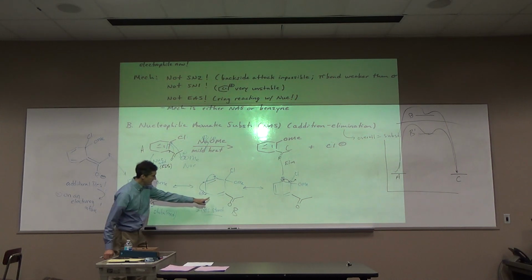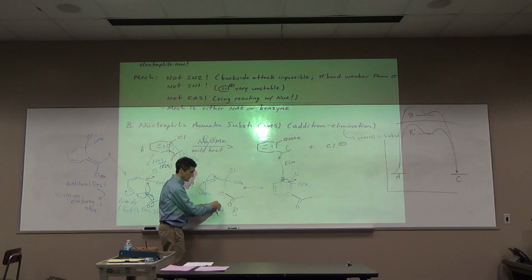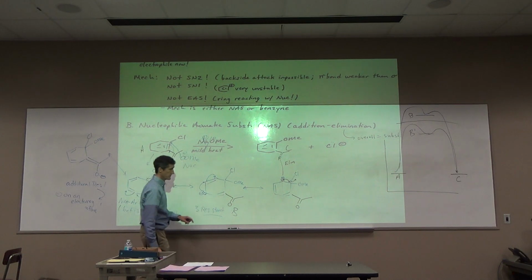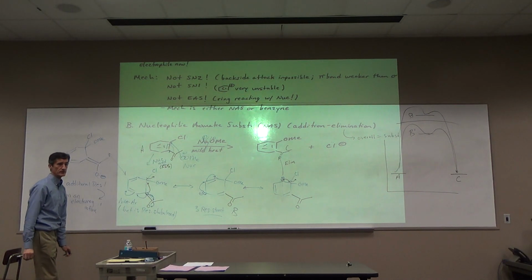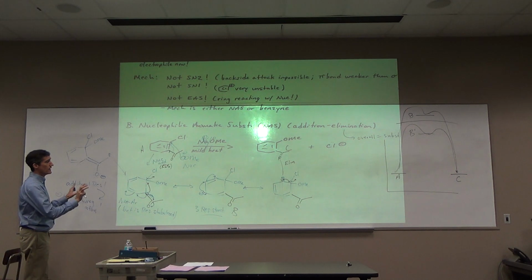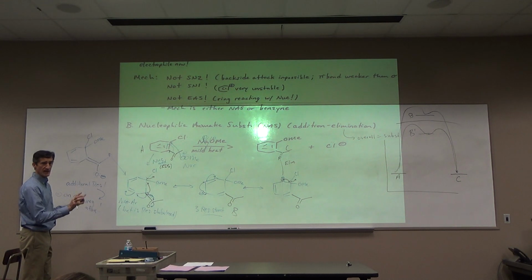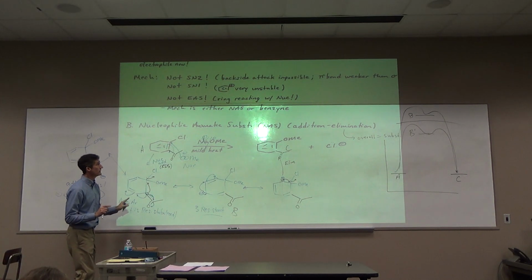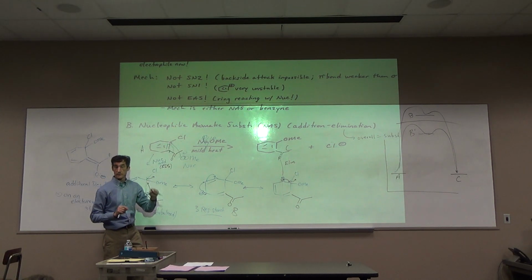Because if the ketone was here, we would not be able to draw the additional resonance structure. Try that on your own. You won't be able to do it. The group that you do resonance into has to be ortho or para to the leaving group.